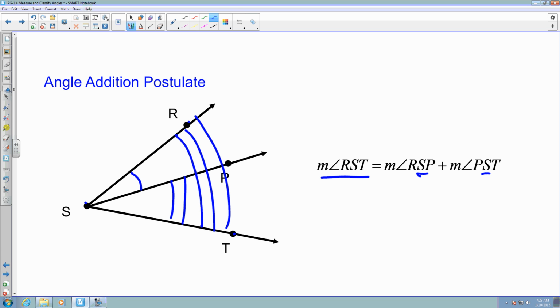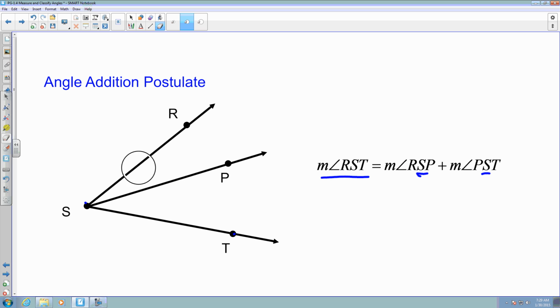And this is what I was talking about when I was talking about the naming of an angle. Before, in the page before, we talked about angle B being the vertex, and we could say that that angle was angle B because it only had one angle that it could represent. Well, you couldn't use angle S for this one, and here's why.